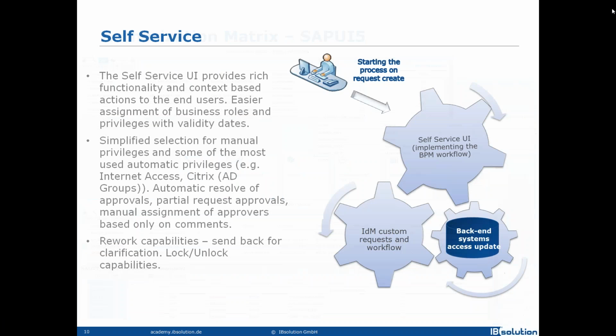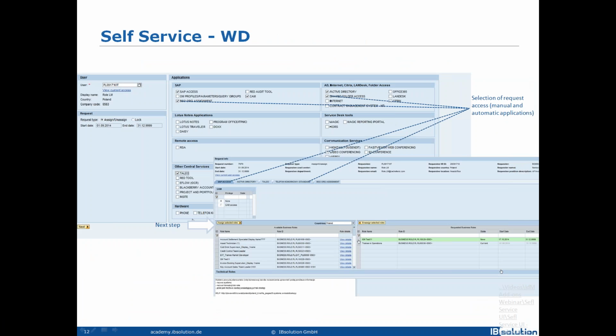The next add-on: self-service. The self-service UI provides a rich functionality and context-based actions to the end users, easy assignment of business roles and privileges with validity dates, simplified selection for manual privileges and some of the most used automatic privileges depending on the customer needs.